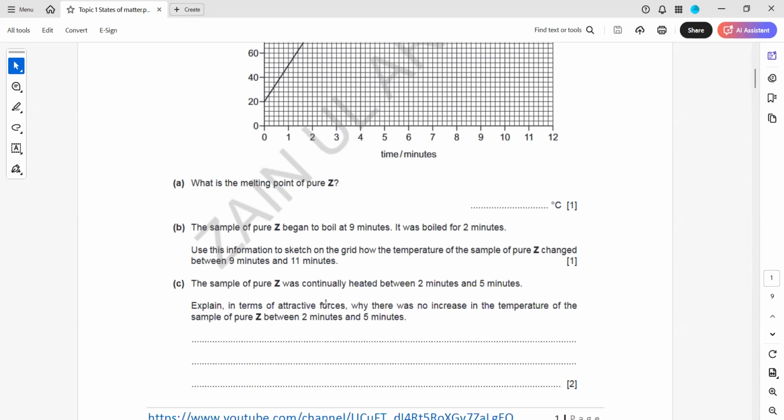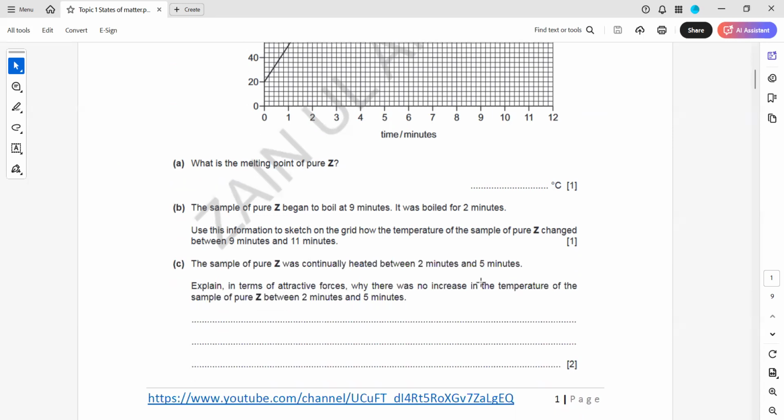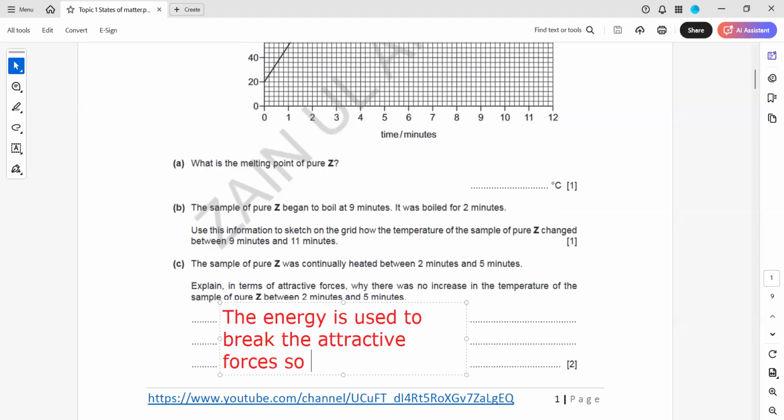I'm writing: explain in terms of attractive forces why there is no increase in the temperature. So what will happen? The energy is used to break the intermolecular forces. So the speed or the kinetic energy of the particles does not change, because the temperature is not changing.